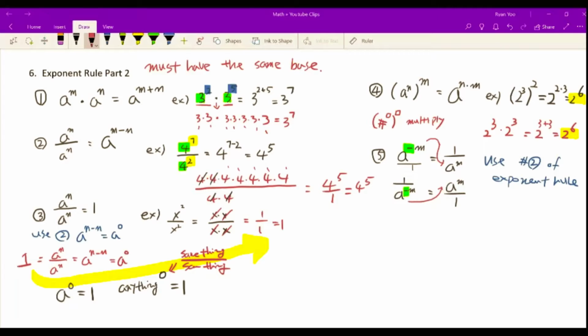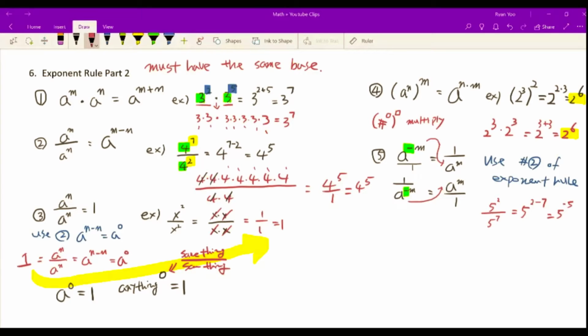Let's do this one: 5 to the second power divided by 5 to the 7th power. Do you remember what we just did? When we have the same base and divide, we subtract, top minus bottom, 2 minus 7, which is 5 to the 2 minus 7, which is 5 to the negative 5, right?